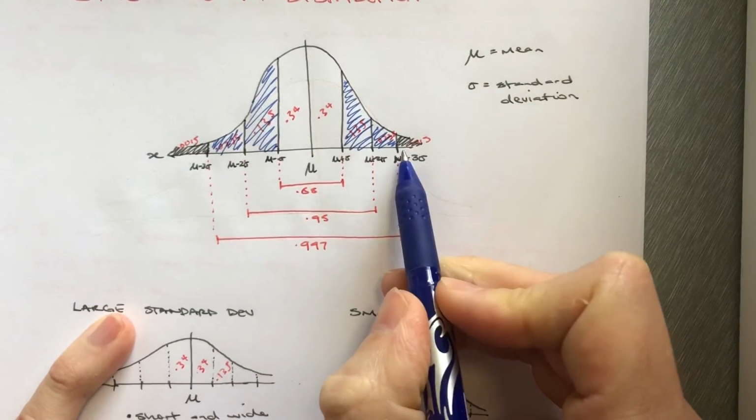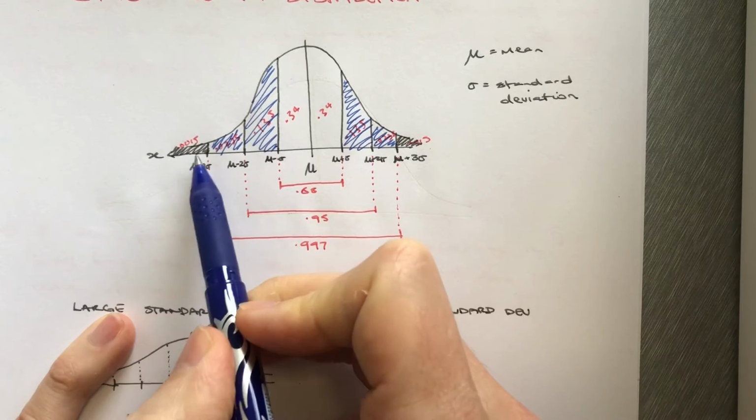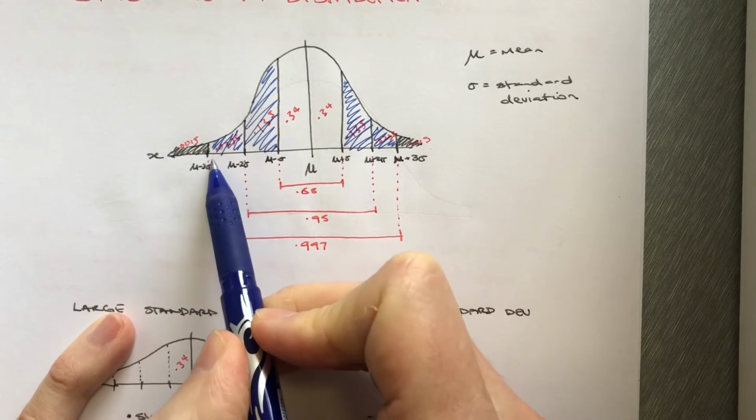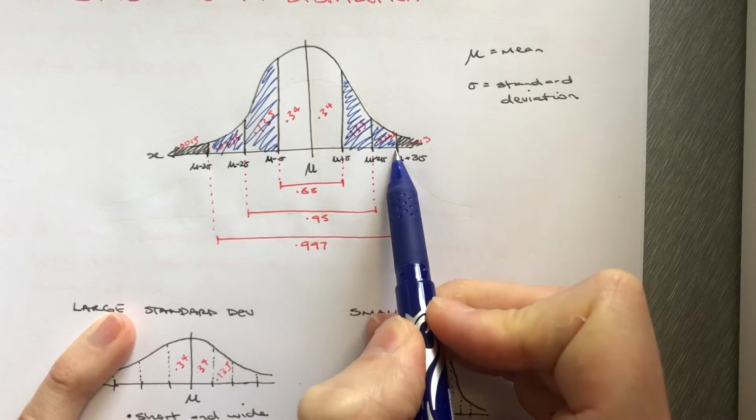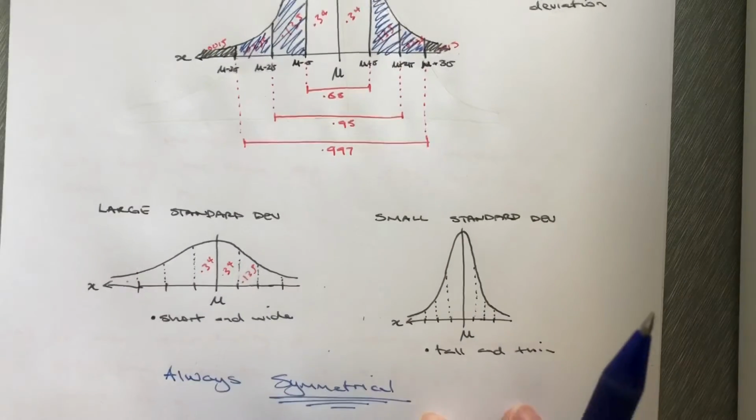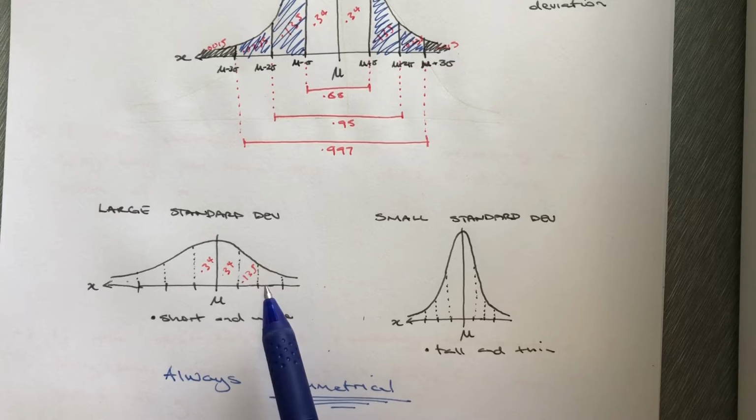Getting a result from here onwards is equal to getting a result from there onwards. Getting a result between here and here is equally as likely as getting a result between here and here. Okay, now that works for these ones as well, as we showed.